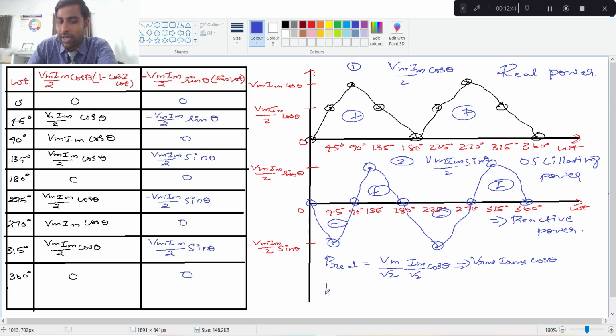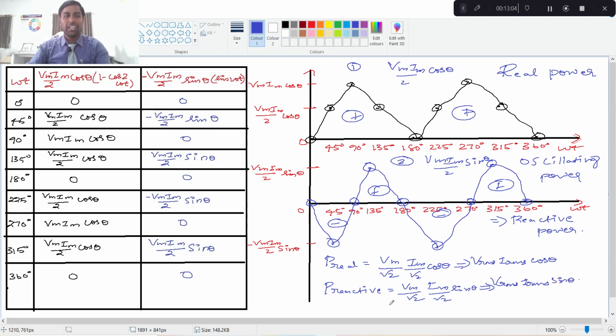That is the real power. And if I want to write for reactive power, what will I get? Vm by root 2, I am just splitting this 2 into root 2 and root 2, then it has become sin theta. So again it becomes Vrms Irms sin theta. So this is the expression for real power and this is the expression for reactive power.